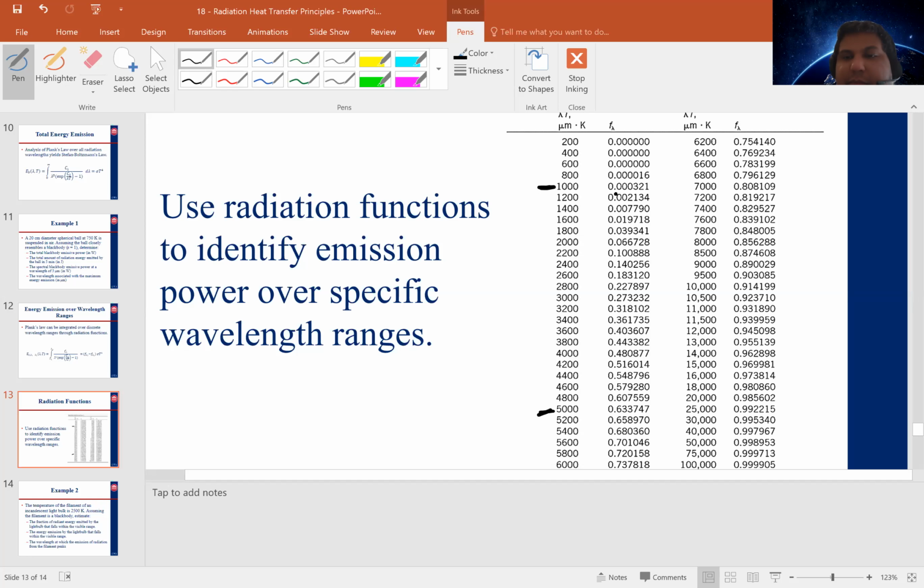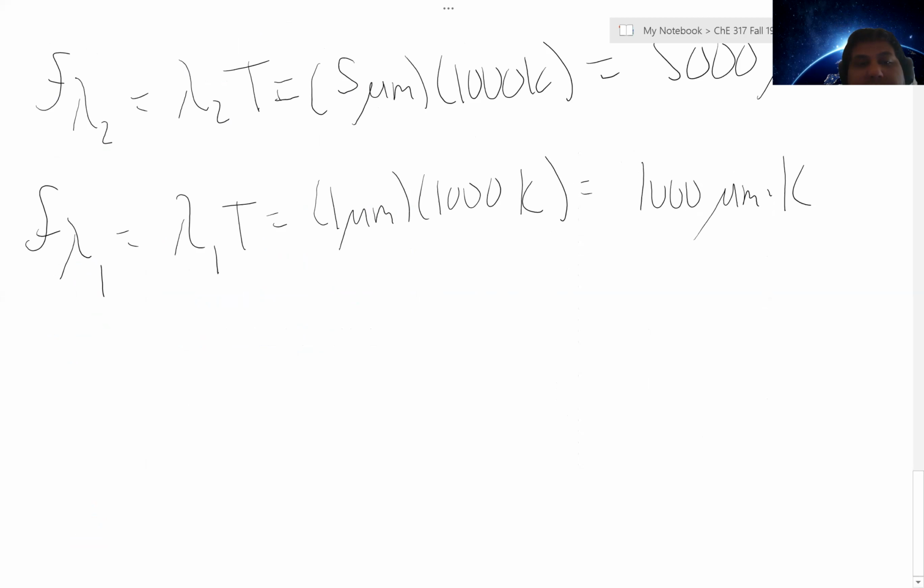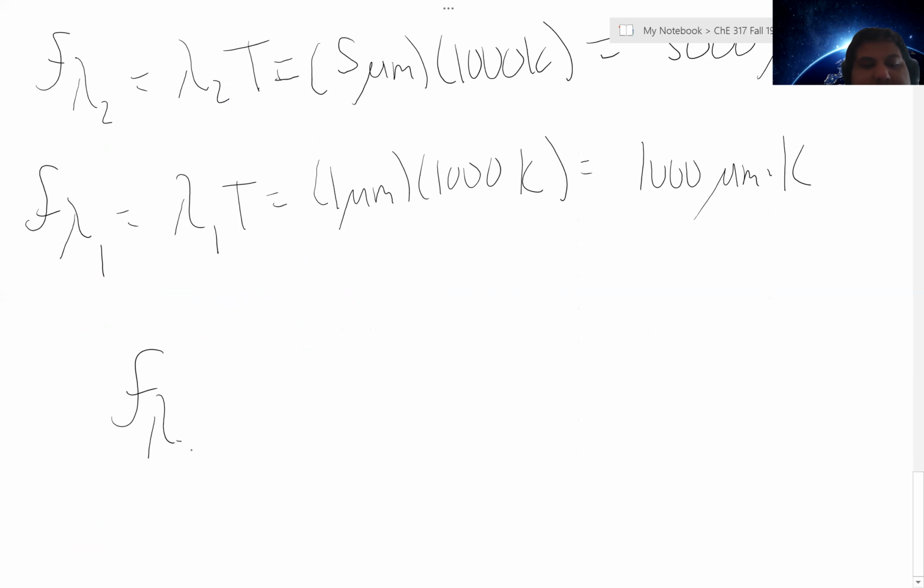At 1,000, I have 0.000321. And so what I have for F lambda 1 to lambda 2 is 0.633747 minus 0.000321.